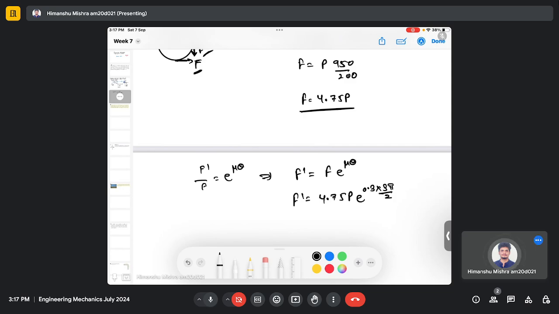So I will get F dash equals 4.75 P e to the power 1.413.